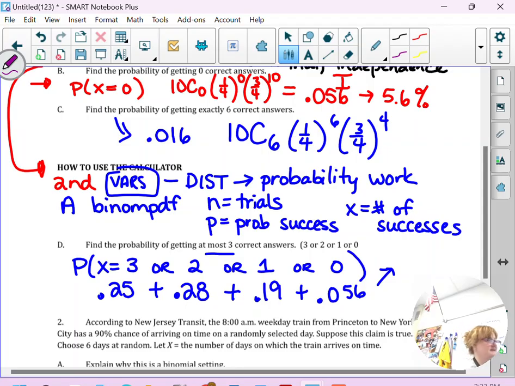So if we put all those together, 0.776. So it's about a 78% chance that just by probability, you're going to get 3 or fewer.